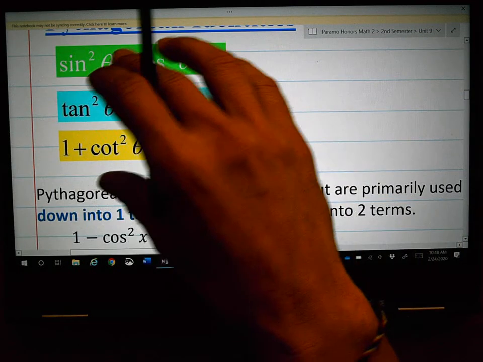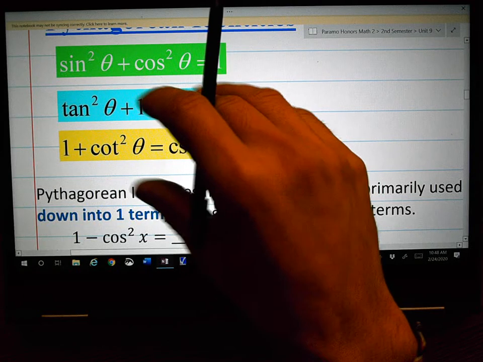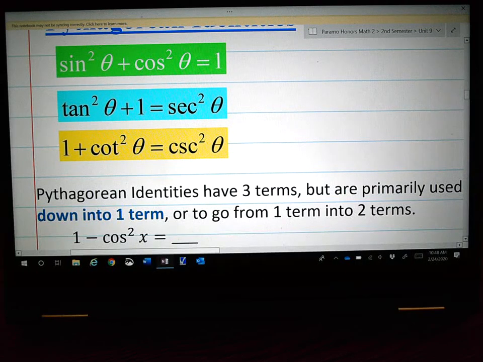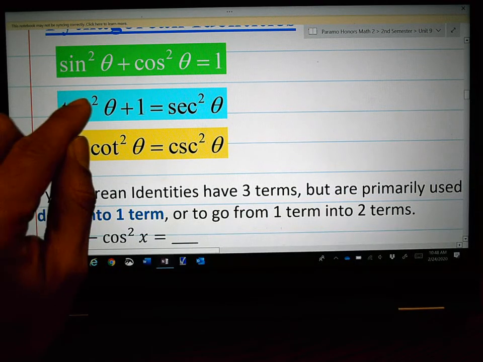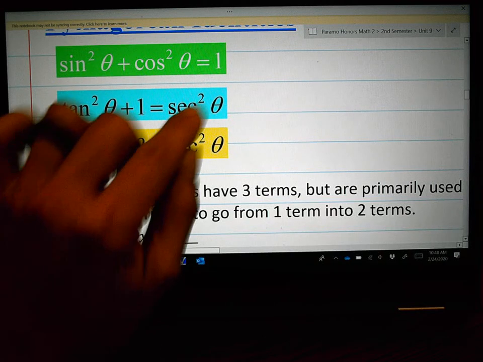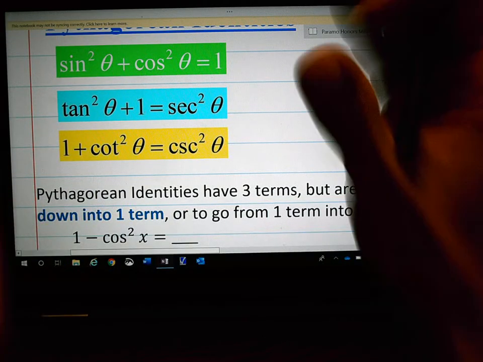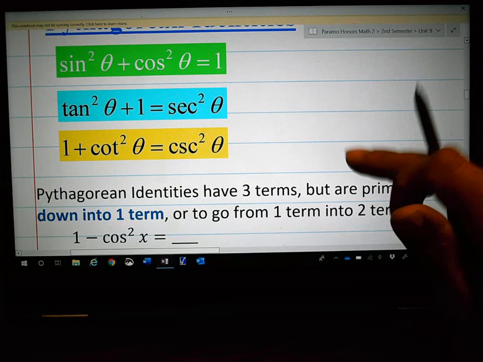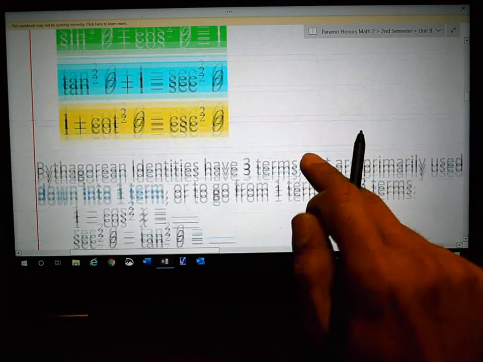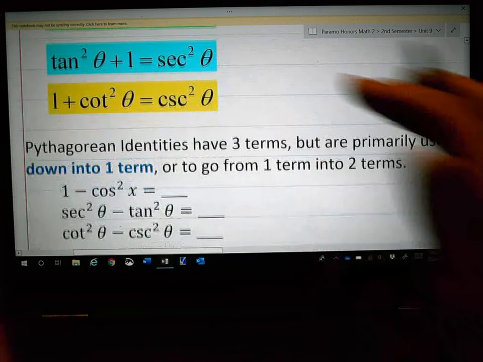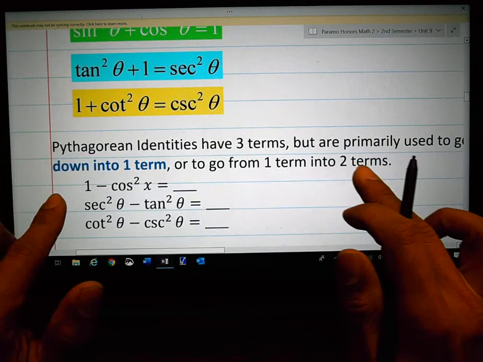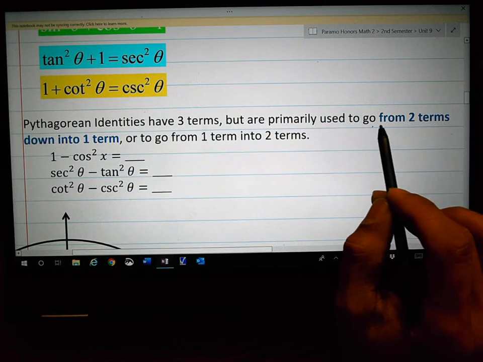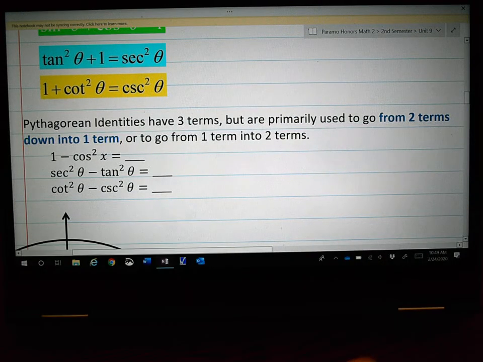These three identities will not be used in the way that I am showing you here. I will never ask you sine squared of theta plus cosine squared of theta is equal to 1. You will never see something just like that by itself. They are not used that way. They are used to go from two terms down into one term.